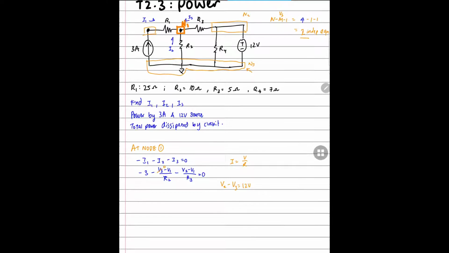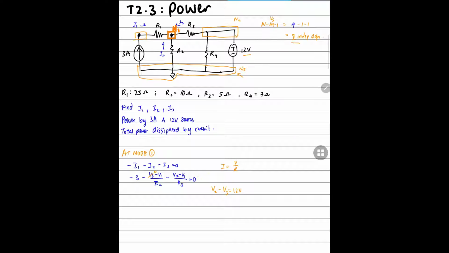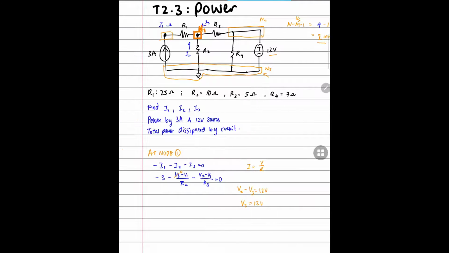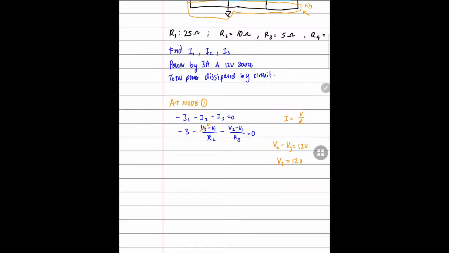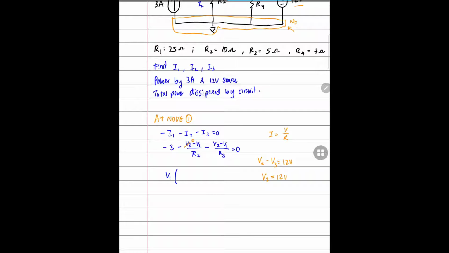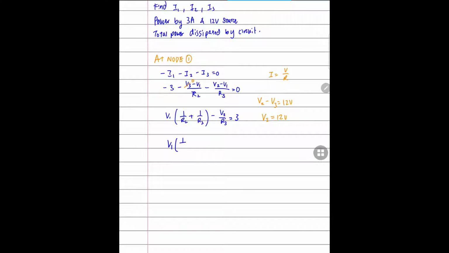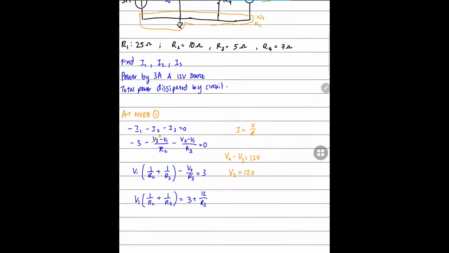Another relationship that we can establish is that V2 minus V3 is 12 volts. This is because there's a gain in the voltage source from 0 to 12 volts, since it's a 12 volt voltage source. Now we will further simplify the equation. We simplify by factorizing out V1, and then substitute in the values.